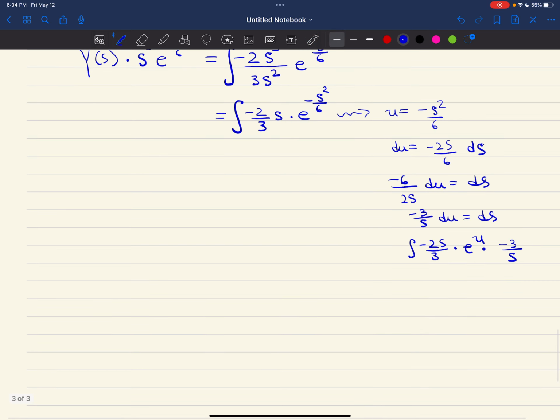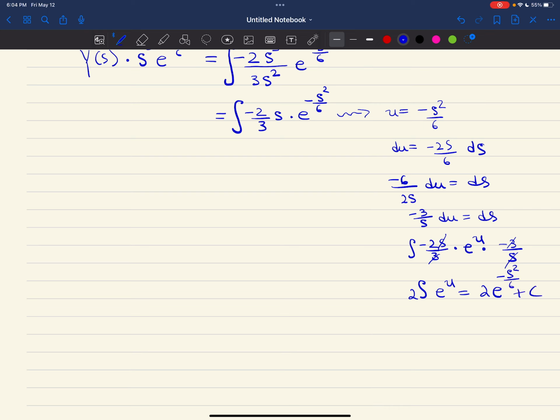Okay, so then you can clearly see that the s's cancel out, right? Because s divided by s is just 1, and then the 3's cancel out, negative times negative gives you positive. You end up with 2 e to the power of u, which is just 2 e to the power of negative s squared divided by 6 plus c.